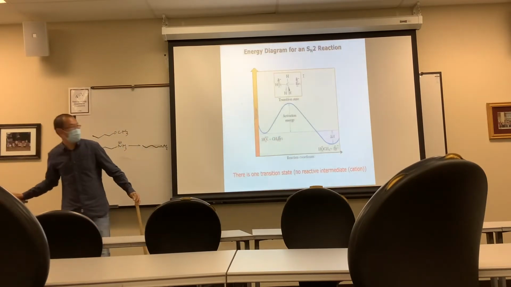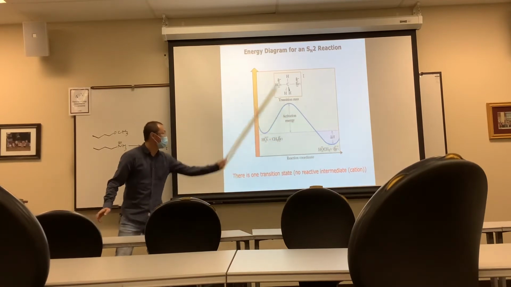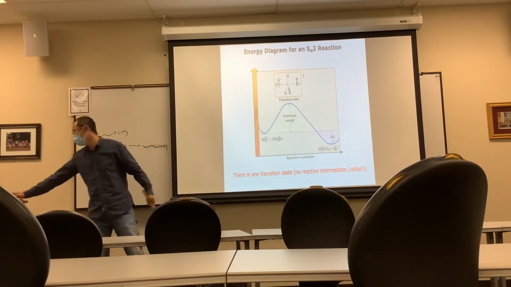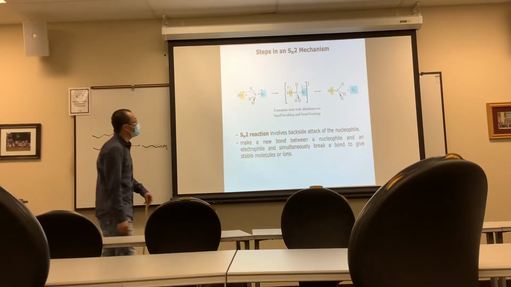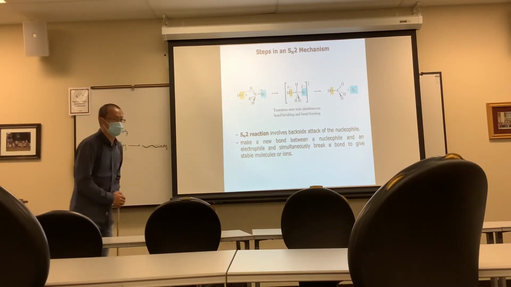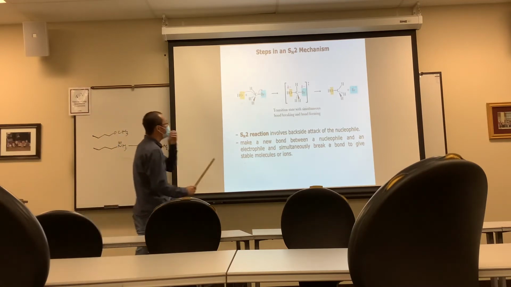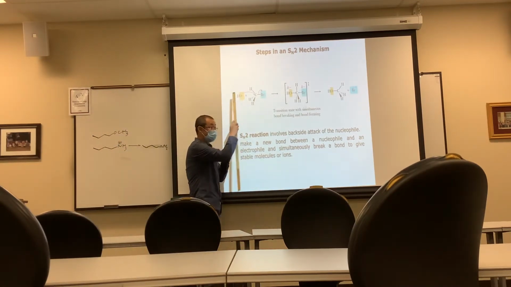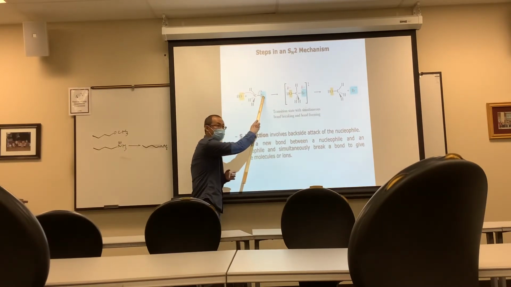Okay, again, this is the energy chart. It shows you what happens. That's the transition state. One transition state, only one activation energy. You get the product. In the SN2 reaction, because the bond forming and the bond breaking happen at the same time, the attack of the nucleophile is usually from the back side of the leaving group. Kick from the back.